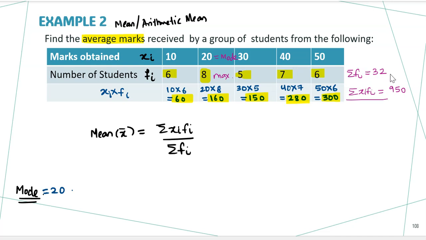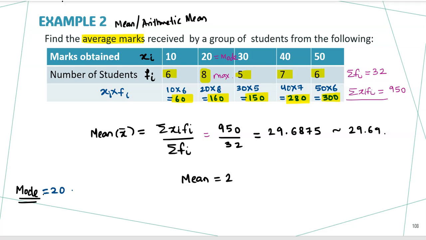So the summation of frequency is 30 and the summation of xi fi is 950. Always put the bigger number on top: 950 over 30, which gives you 31.67. In this case, the mean is 31.67 and the mode is 20.